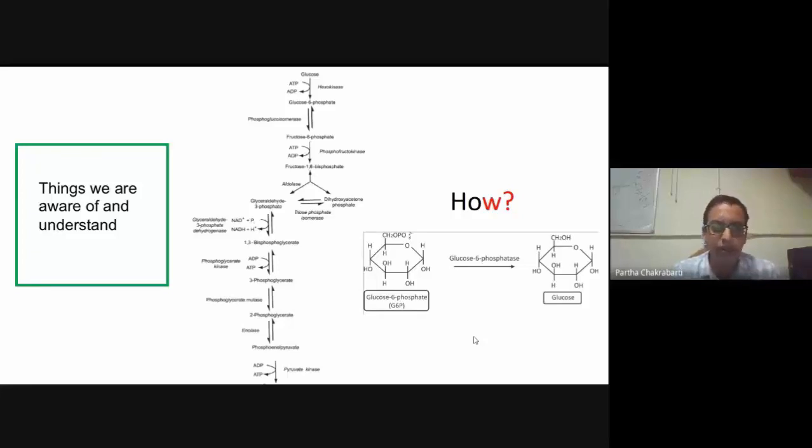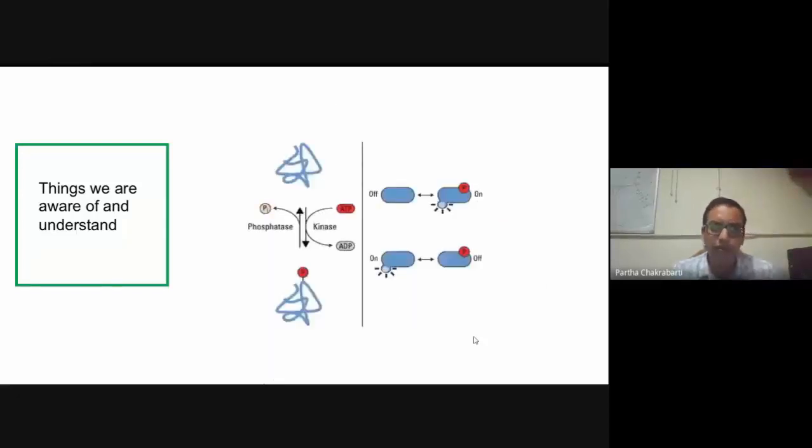Similarly, I'll give you, so this is a phosphorylation of a metabolite. Now think about a phosphorylation of a protein, right? So these things we are aware of and we also understand. But what we don't know is how these facts have arisen into our textbook, how they come in, right?